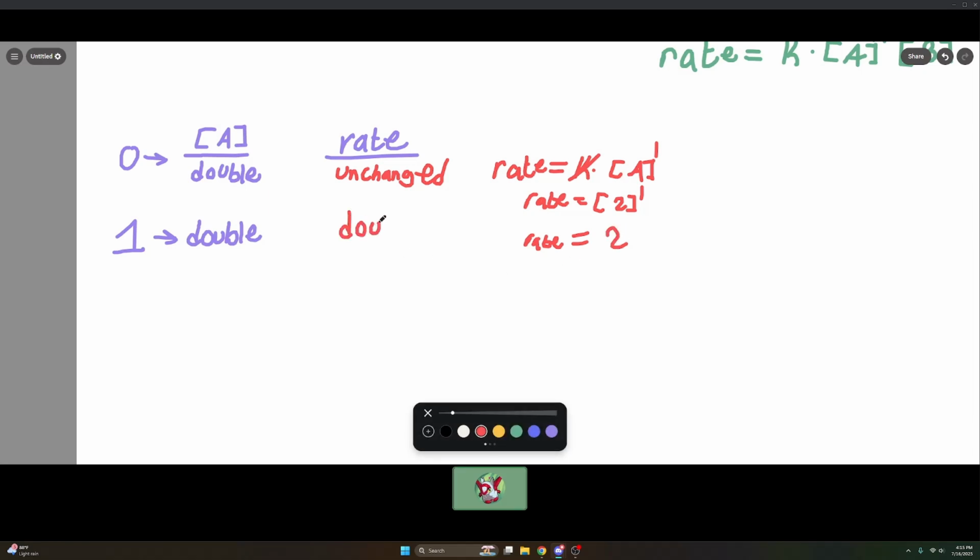My rate will also double. Notice that this matches. If it's first order, whatever happens to that guy, happens to him. Concentration goes down, rate goes down. Concentration goes up, rate goes up. If rate was doubled, that means my concentration had to be doubled. If my concentration tripled, my rate would triple. First order is very, very simple.